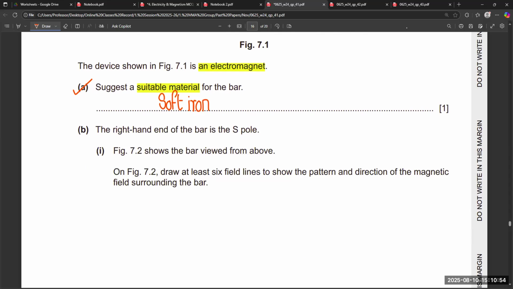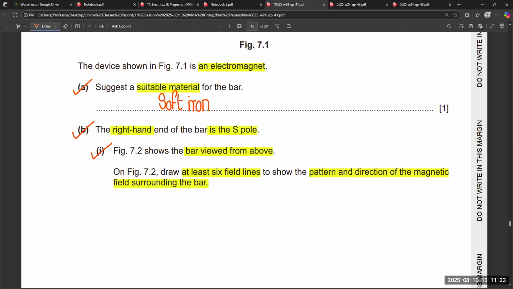Okay, next part is: the right hand of the bar is the south pole. Figure 7.2 shows the bar viewed from above. On figure 7.2, draw at least 6 field lines to show the pattern and direction of the magnetic field surrounding the bar.